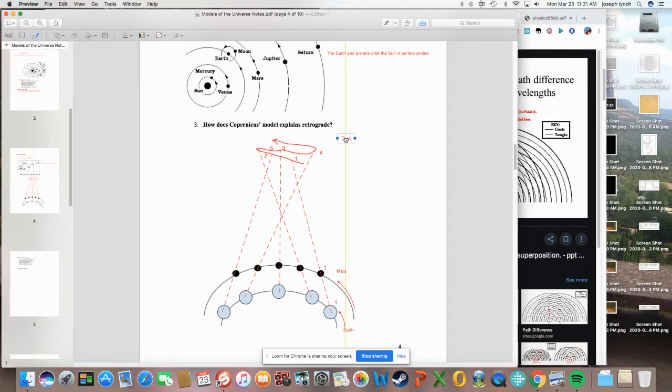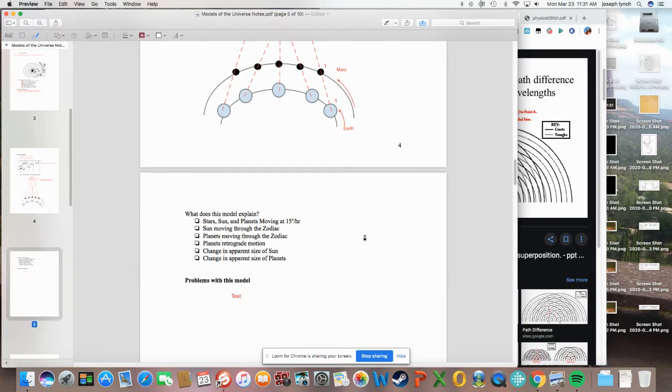So when the Earth passes the planet, it appears to back up. It's like when you are traveling in a car and you pass that car, relative to you, that car ends up behind you, it ends up backing up.